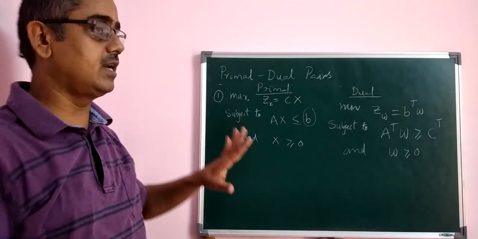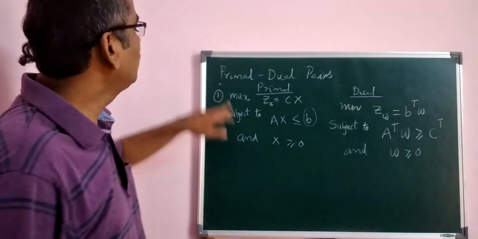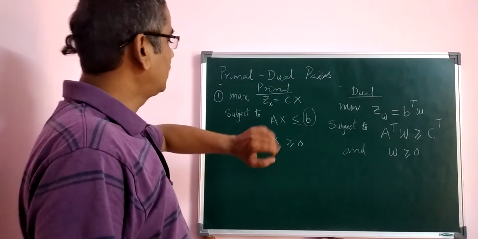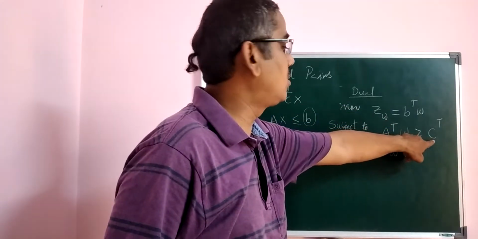For various cases we have different formats, but the main structure will not change. What is the main structure? The constant c will be on the right-hand side constants.